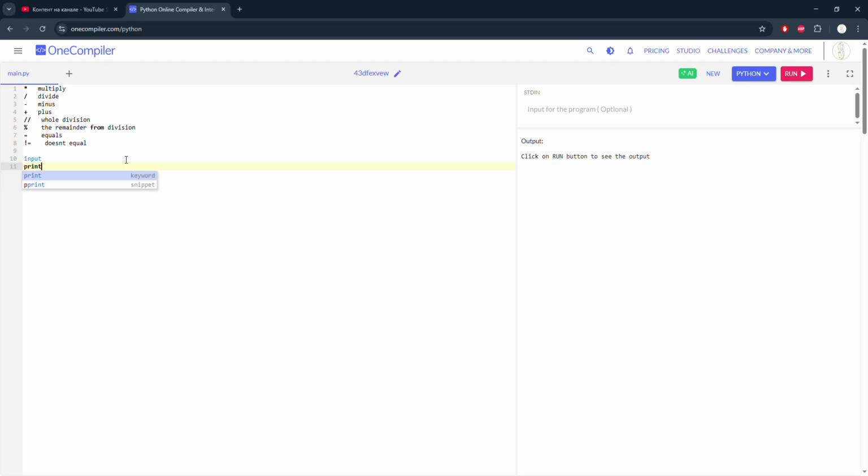So, as we remember, put these, and we're going to call our variable x, because it's an unknown, variable number. And we can have multiple inputs, so x, and let's say y.